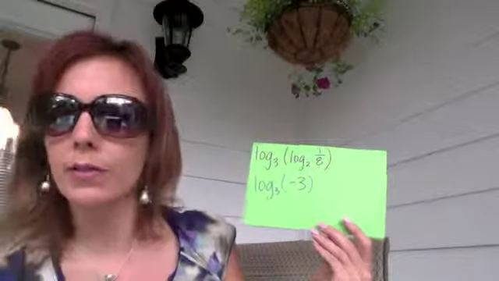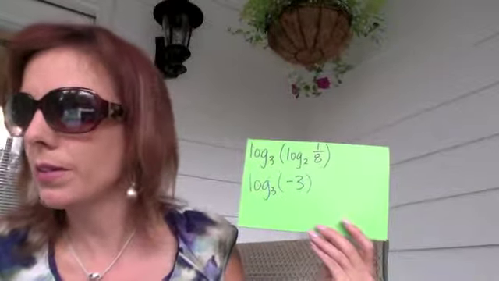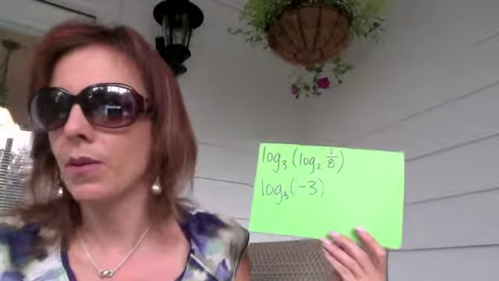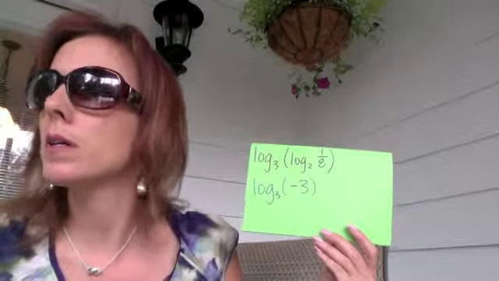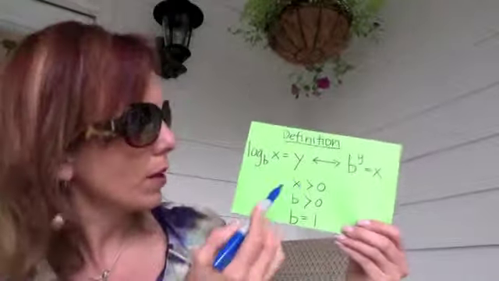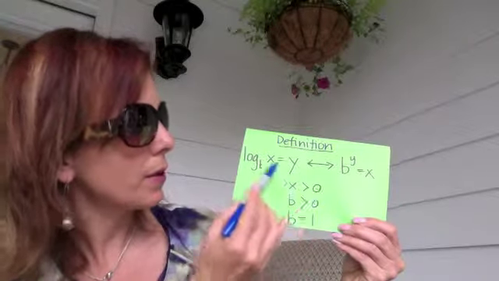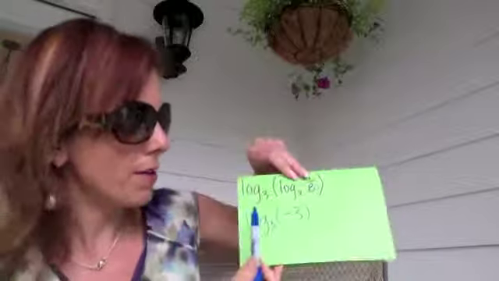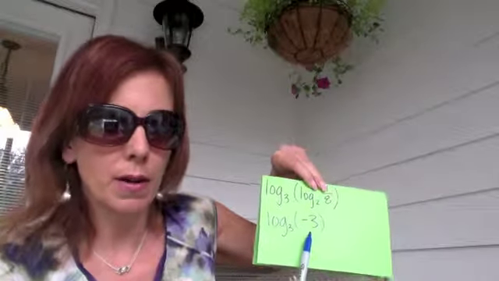Now here we run into an issue. And the issue comes from this thing. Remember, x must be greater than 0. Our argument must be positive. And what are we trying to take a logarithm of here? We're trying to take a logarithm of something negative.